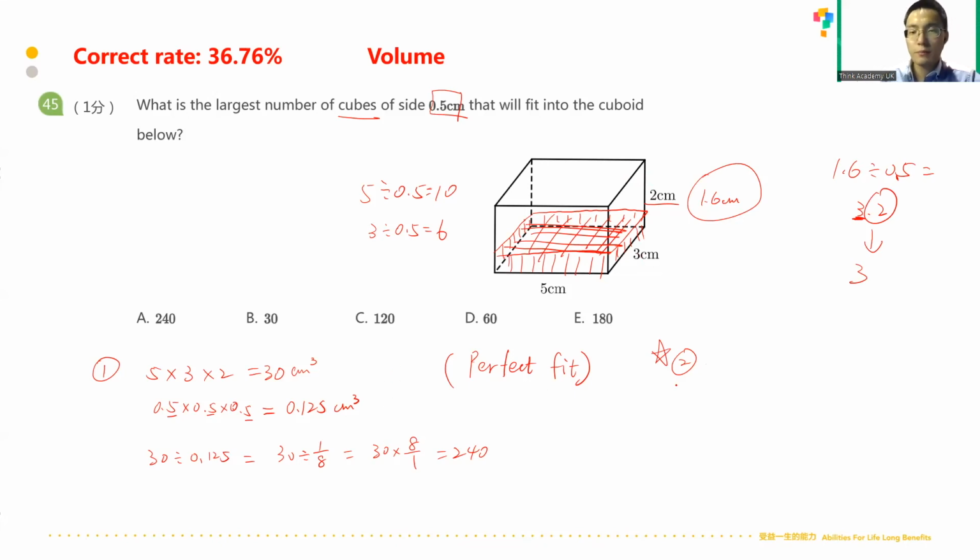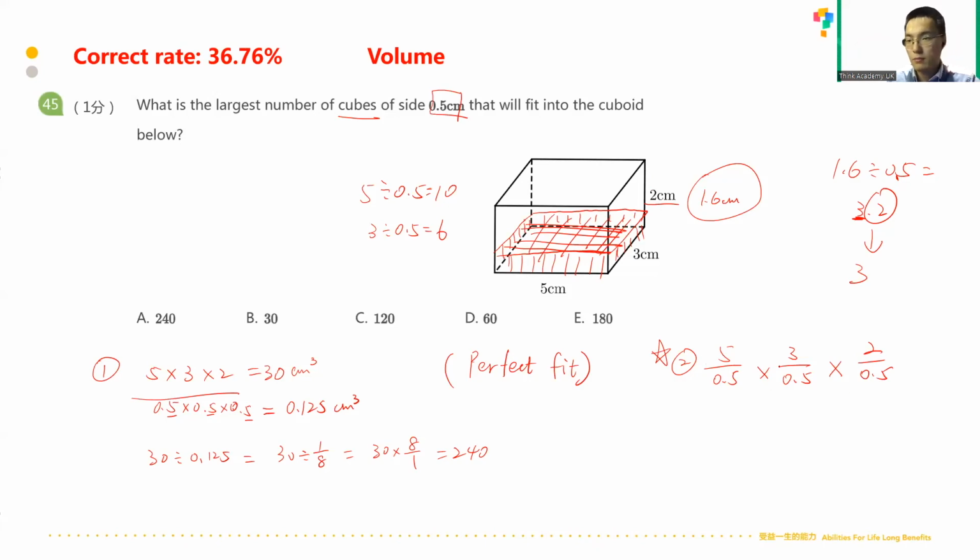So using the second method, we can just first look at the length, next look at the width, and then look at the height. So 5 divided by 0.5 times 3 divided by 0.5, sorry, times 2 divided by 0.5. You see, it's basically the same thing. If we multiply the 3 fractions together, it actually gives us the same thing here. So it's 5 times 3 times 2 divided by 0.5 cubed.